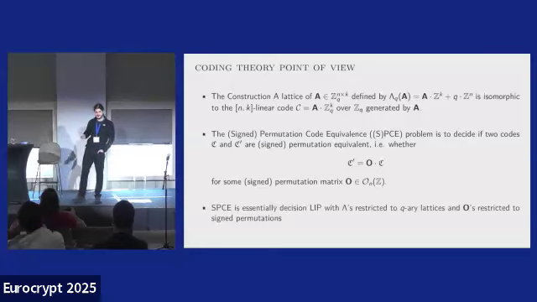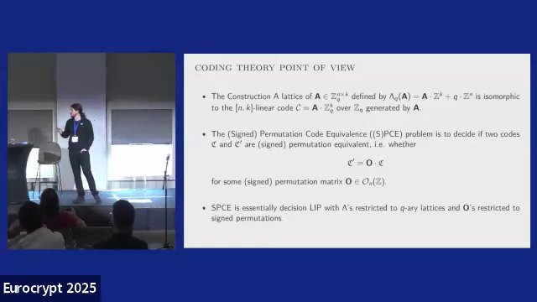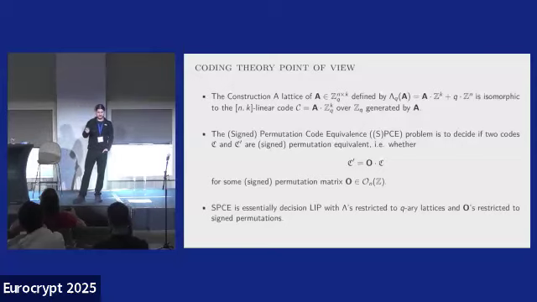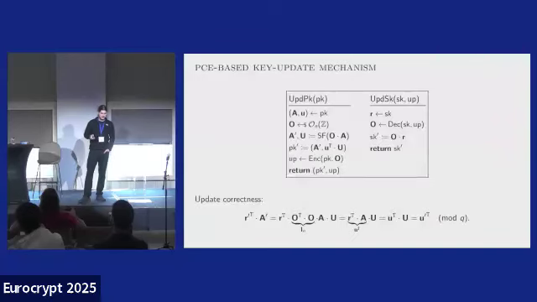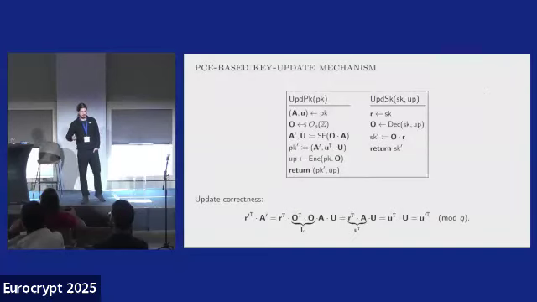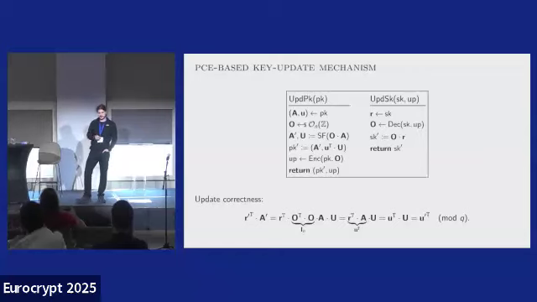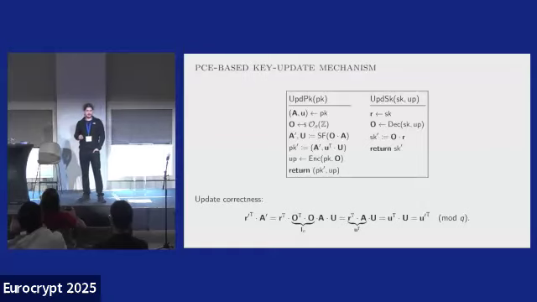So we consider SPC to be essentially LIP, where we restrict our lattices to Q-ary lattices and our isometries to signed permutations, right? Formally, our update public key algorithm simply rotates the lattice with some random isometry. Then we derive this basis change in some canonical way. You can think of it as HNF, or systematic form if you're a coding theorist.